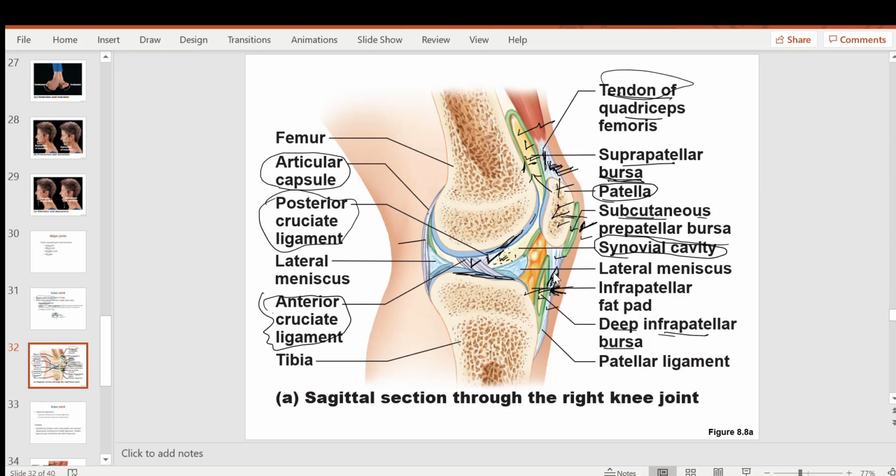So that's why it is a tendon. Why is the lower one a ligament, patellar ligament? Because it connects bone to bone, patella to the tibia. So if the connective tissue structure connects muscle to bone, that is a tendon, and bone to bone is a ligament.